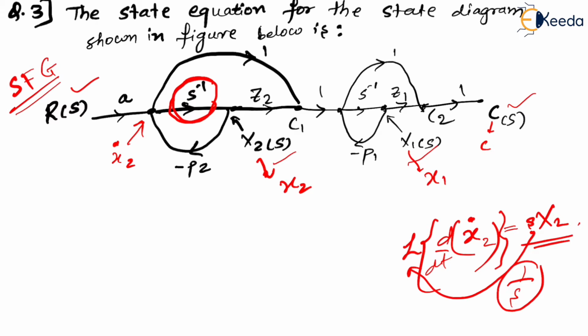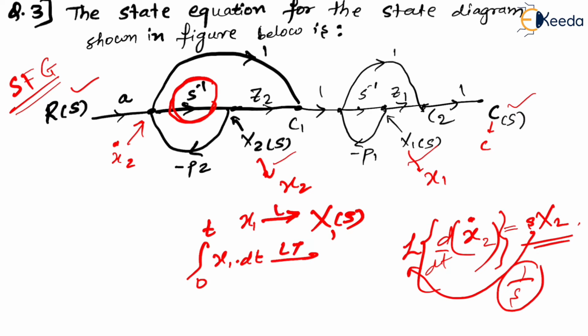Let me show you another example. Integration from 0 to t, say of f of t, or let us say x1. If x1 has Laplace transform x1 of s, now what will be the Laplace transform of the integral from 0 to t of x1 dt? The Laplace transform of this one is going to be x1 of s upon s.